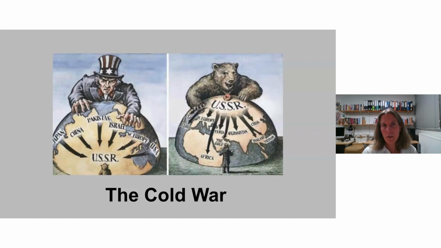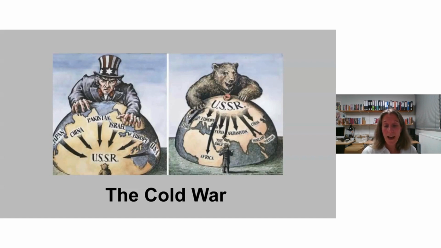Whether that was supporting nations economically to resist communist influence, so the Marshall Plan that we just mentioned, for example, or the Truman Doctrine, which gave aid to Greece and Turkey in the same period, or pressuring nations to follow particular policies to seem like stronger capitalist allies, interfering in the business of other nations to try and shore up favoured leaders, for example, Diem in Vietnam or the Shah of Iran, or to displace those leaders that the US disliked, thinking about Fidel Castro in Cuba or Jacobo Arbenz in Guatemala.